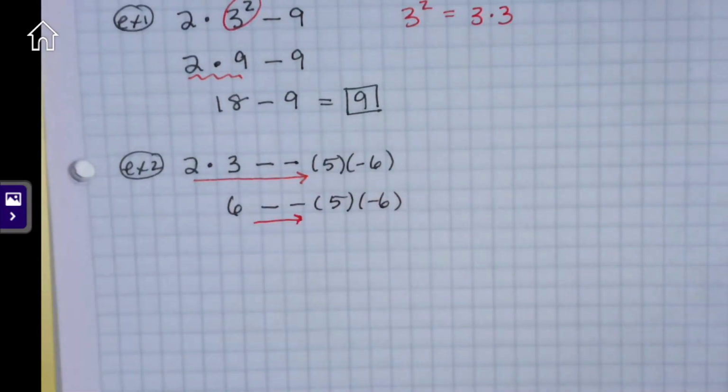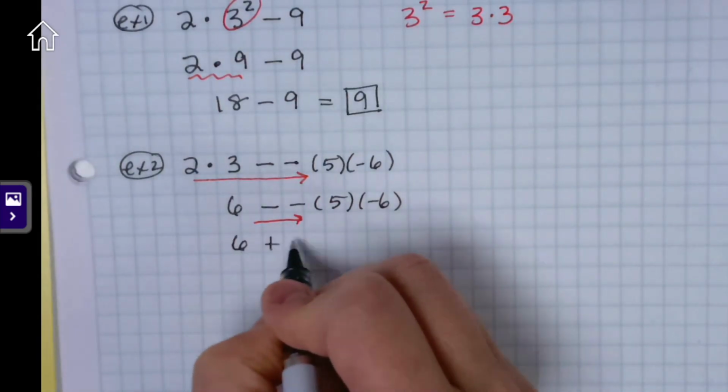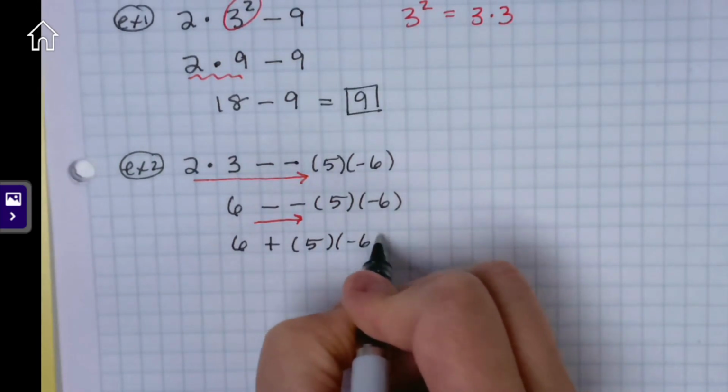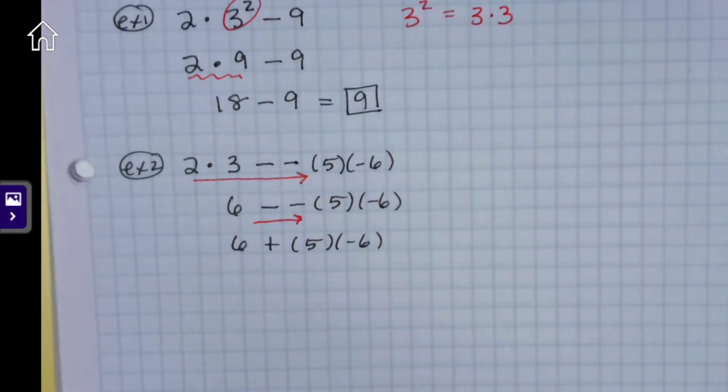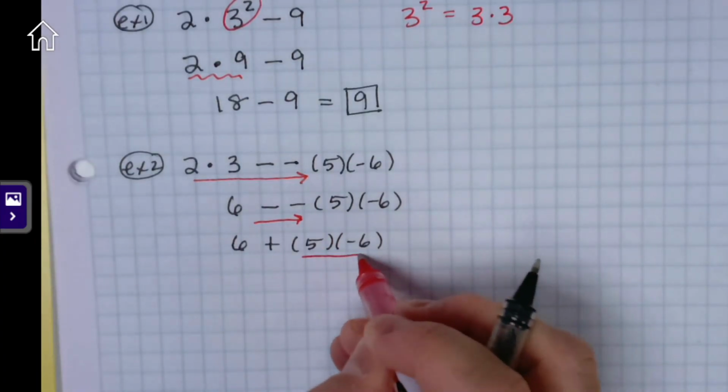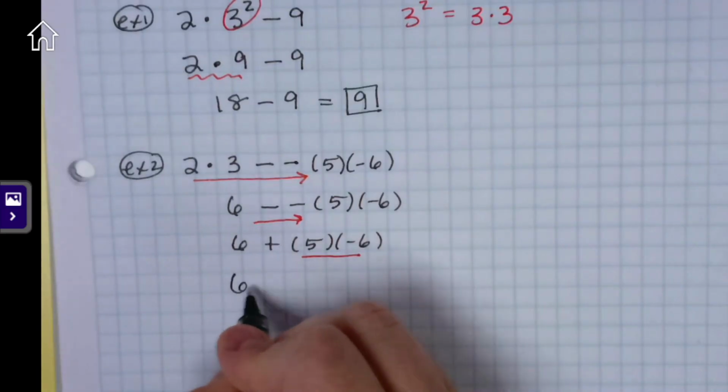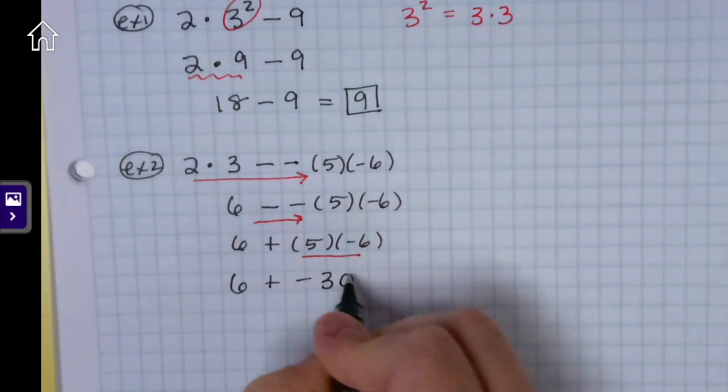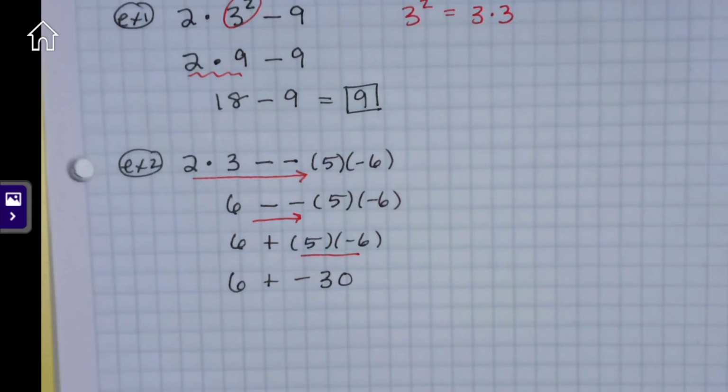Continuing on to the right, a negative times a negative is a positive. Continuing on to the right, 5 times negative 6 is negative 30. So we've done all the multiplying from left to right.